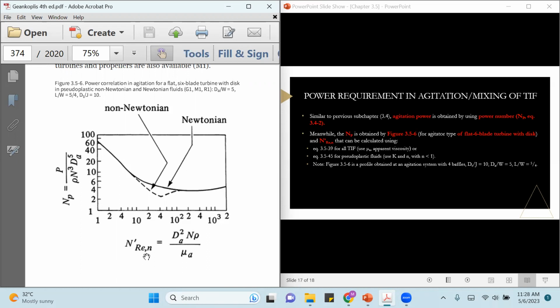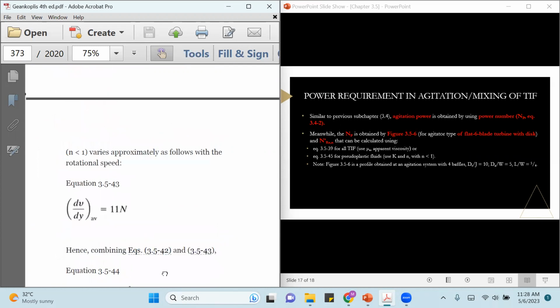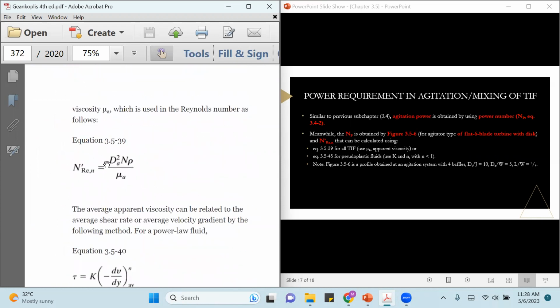The N Reynolds prime equation is this, or you can see equation 39 above. Once you know the N Reynolds prime, then you can find the NP using the figure down below.